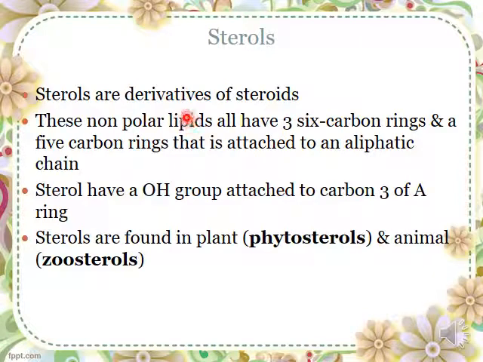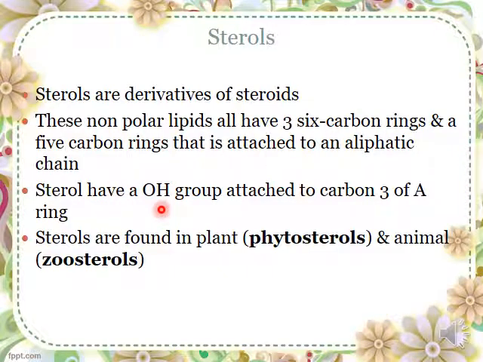If phospholipid is a polar lipid, sterol is a non-polar lipid, and they have three 6-carbon rings and a 5-carbon ring attached to an aliphatic chain. This is the general structure of sterol: you see 6-carbon rings with a 5-carbon ring, attached to an aliphatic chain.